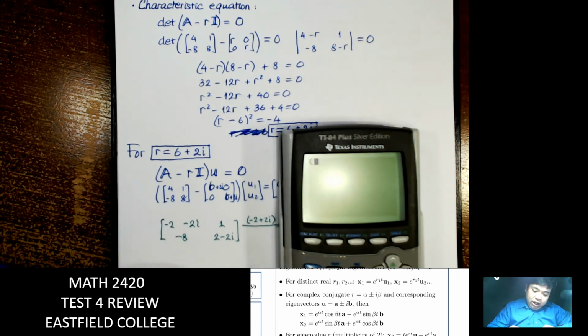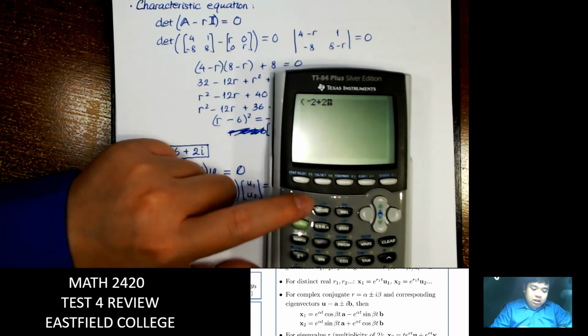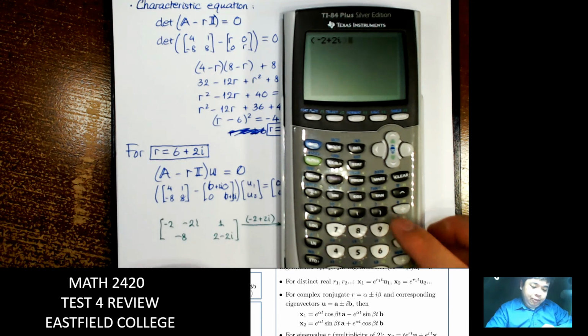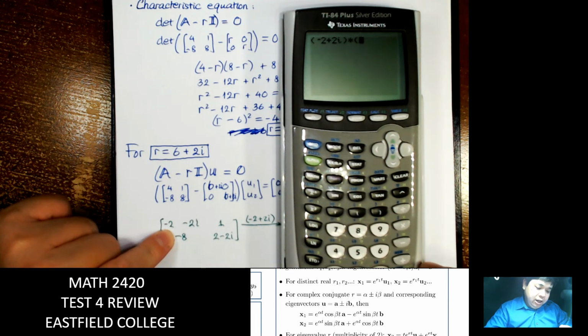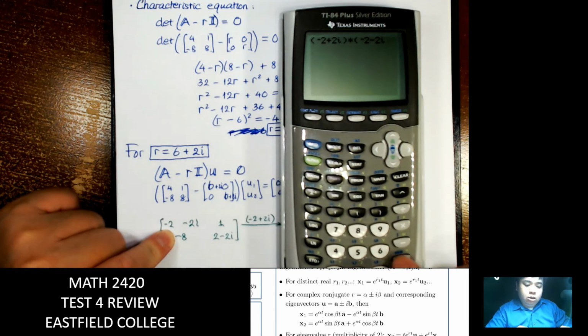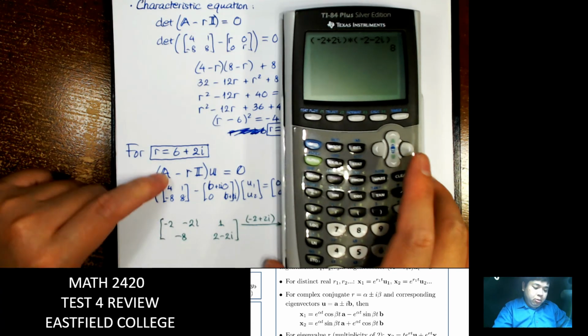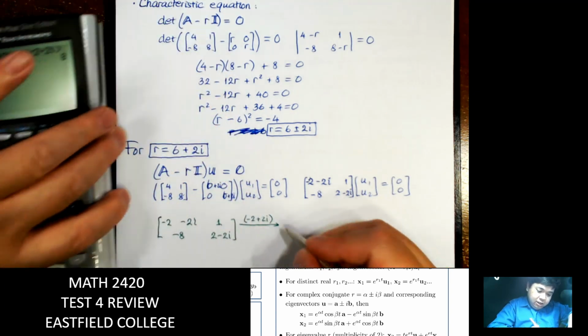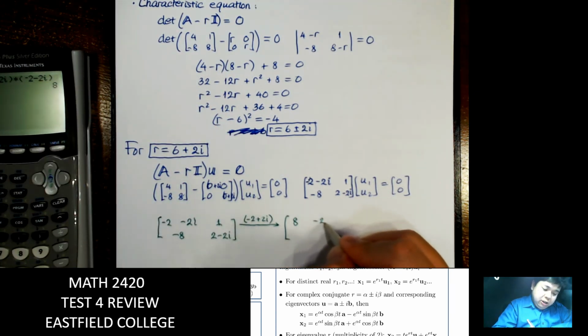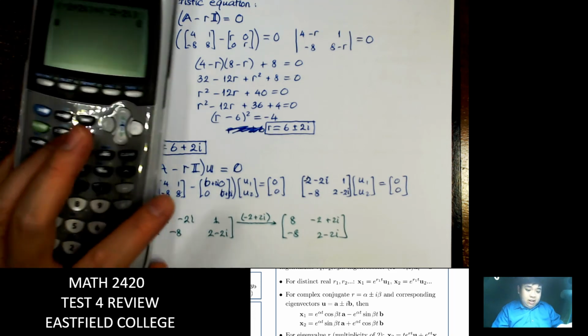So negative 2 plus 2i is second, and I multiply by negative 2 minus 2i, that's going to be positive 8, and multiply by 1, as you see those two lines cancel out.